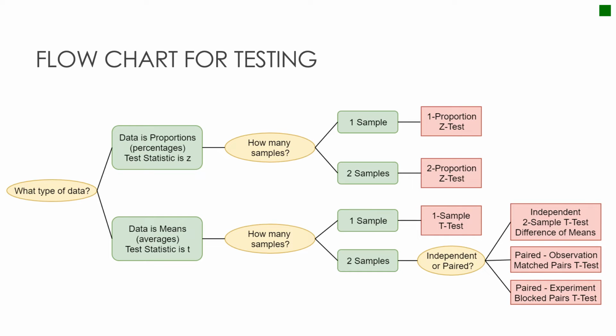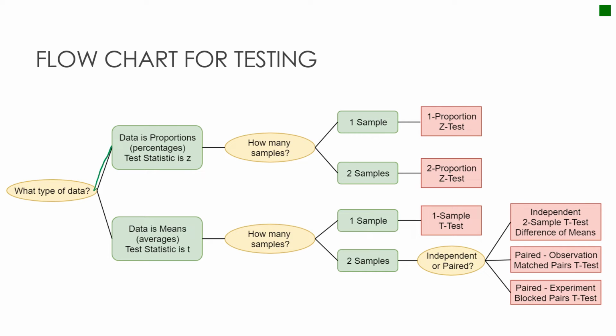I put together this flowchart, and I included it in your Blackboard course as a downloadable PNG file. Hopefully this will help you determine which test you should choose. Let's go through it together. First we have what type of data.